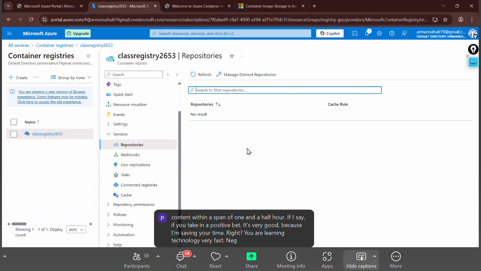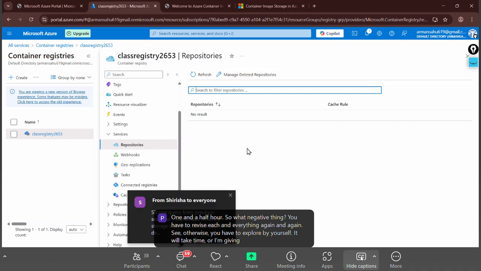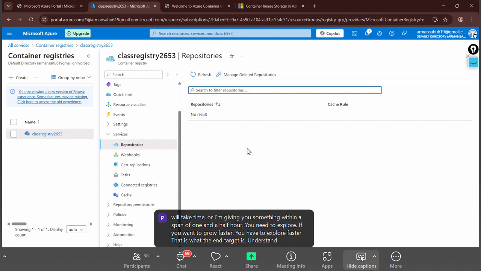The negative thing is you are getting more content within 1 to 1.5 hours, so you have to revise each and everything again and again. Otherwise, you have to explore by yourself, which will take time. I am giving you something within a span of 1.5 hours, and you need to explore. If you want to grow faster, you have to explore faster. That is the end target. Understand?